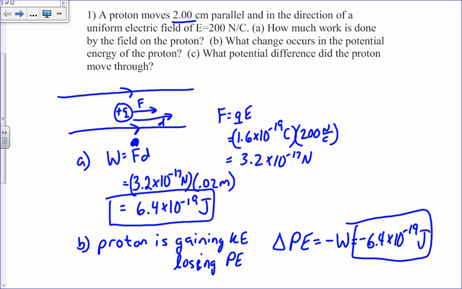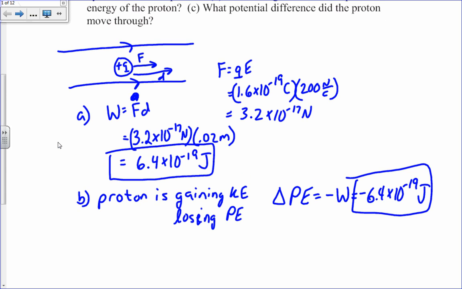And now what is the potential difference? Or what potential difference did the charge move through? All right, well, your change in potential is just your energy over your charge. Actually, it's your change in your potential energy over your charge.